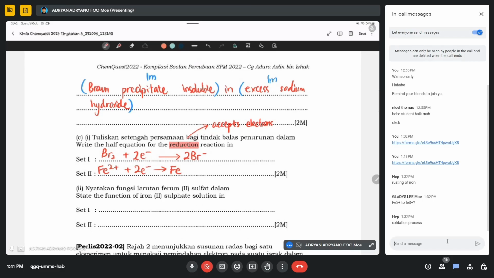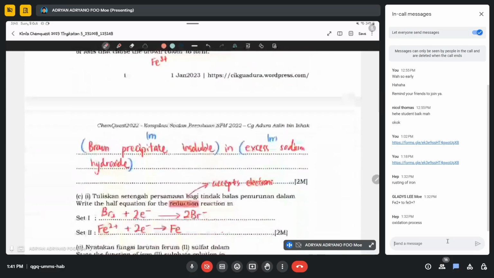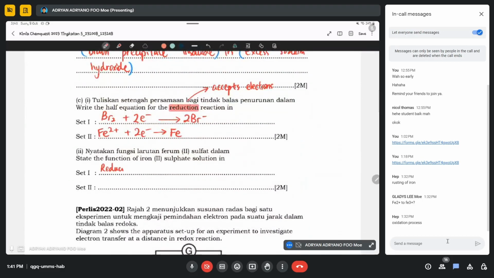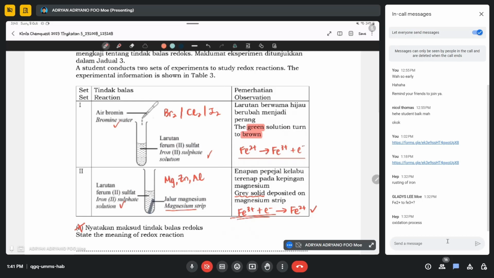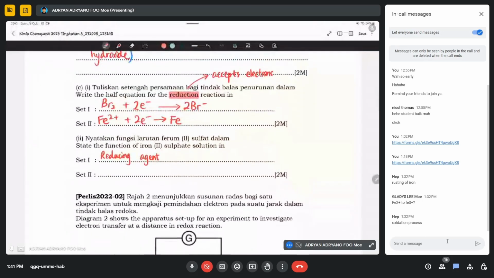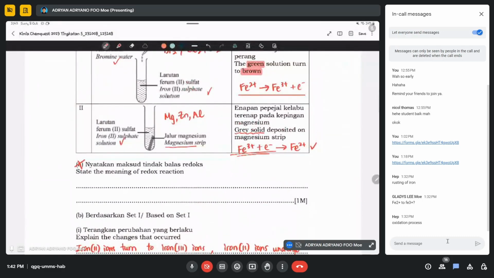Okay, then next, state the function of iron 2 sulfate in solution set 1. In set 1, iron 2 sulfate undergoes oxidation, so the one that undergoes oxidation is the reducing agent. Do you feel like rolling your eyes? It is just like this. Set 2, iron 2 sulfate, the iron accepts electrons, and accepting electrons is reduction, so its function is to act as oxidizing agent. See? How many marks is this? 2, 4, 6, 8, 9, 9 marks in your hands for one question. That's why I say Chapter 1 for Form 5 is very easy to get marks.